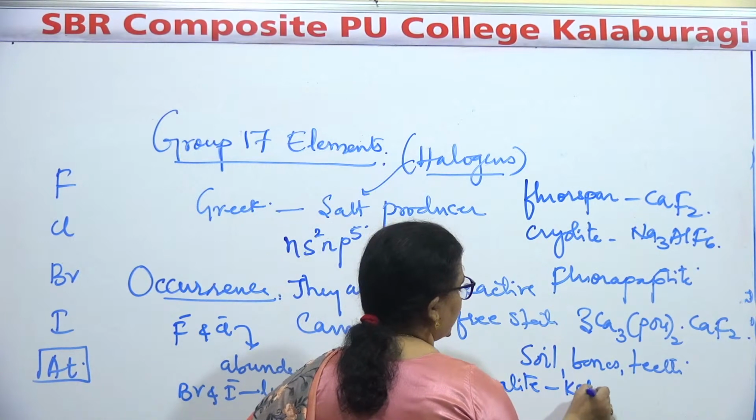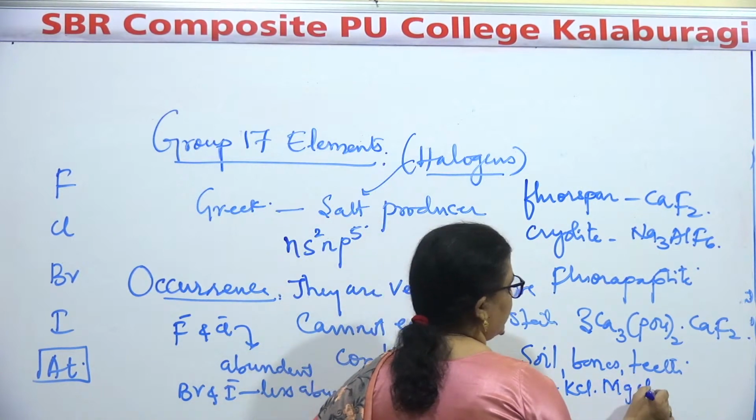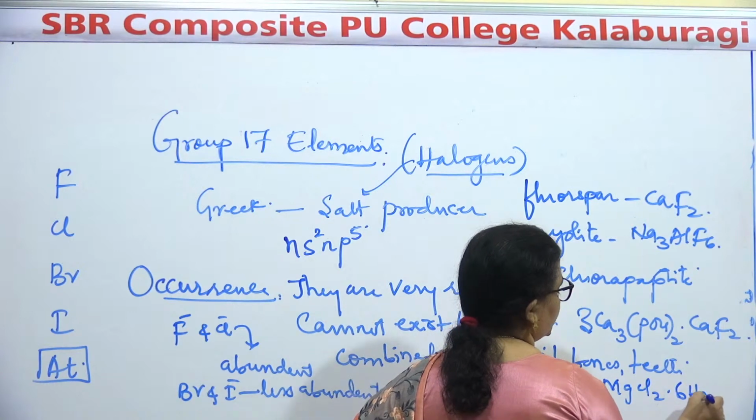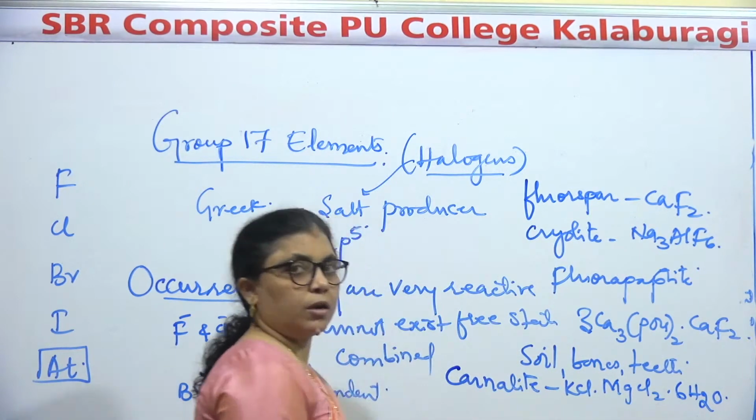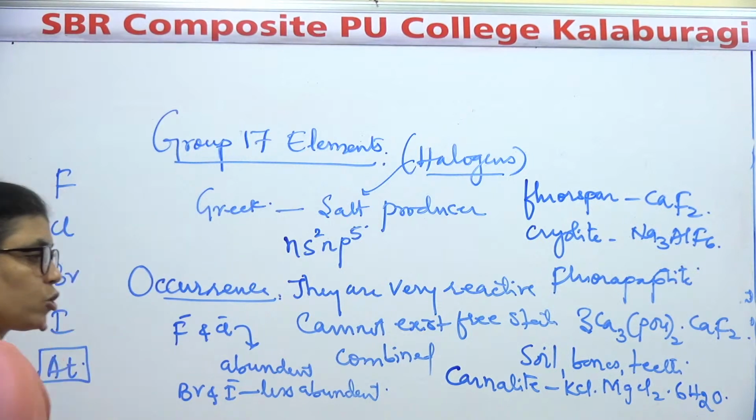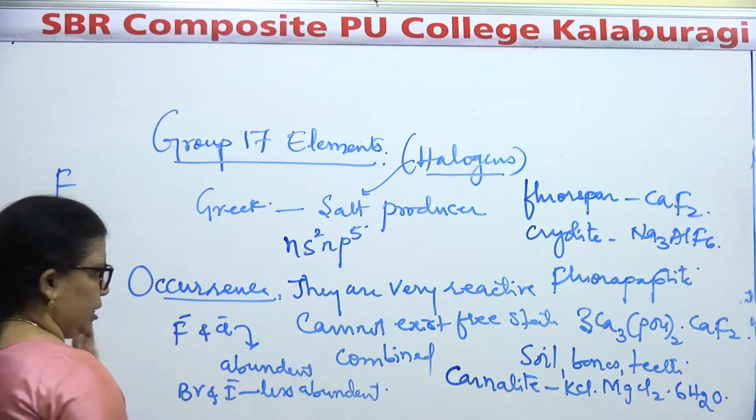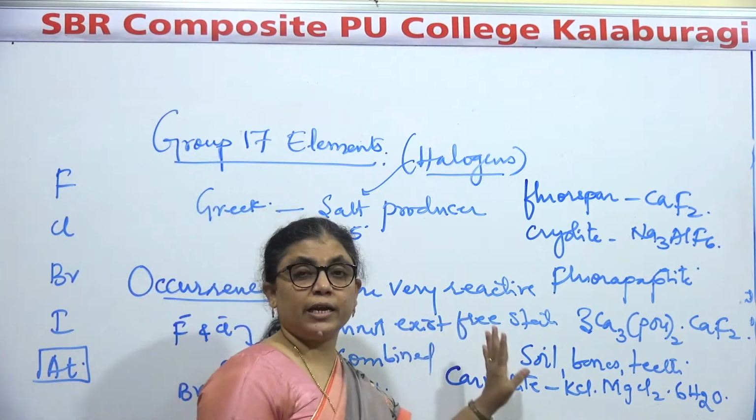Potassium chloride, magnesium chloride with 6H2O. The composition of carnallite is potassium chloride, magnesium chloride along with water. Other than that, what trends are possible for group 17? All these are for general introduction.